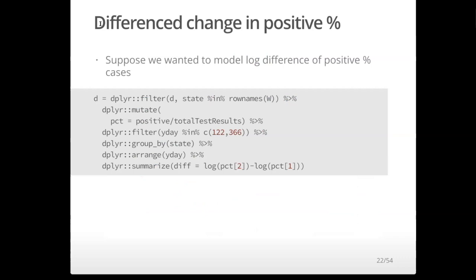This block of code is just gibberish without having the data, but essentially we're grabbing the fraction of positive cases on December 31st and taking the log difference with the percentage of positive cases on April 1st for each state. That's going to be the response. We're going to fit a CAR model, and we'll just have a single value because the CAR model is going to be estimating a single spatial process and not considering the time dependency.